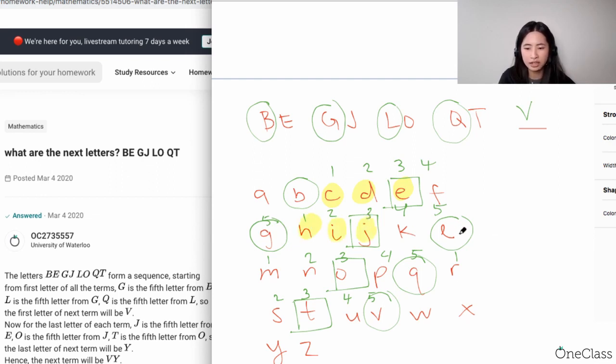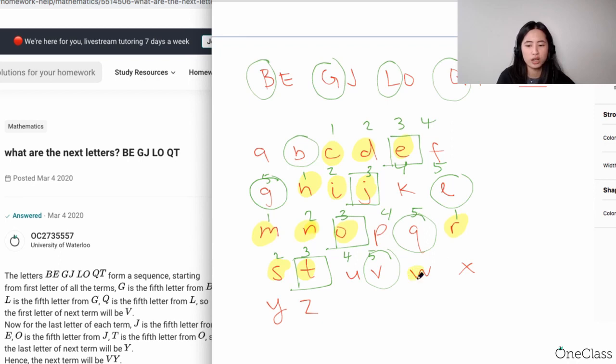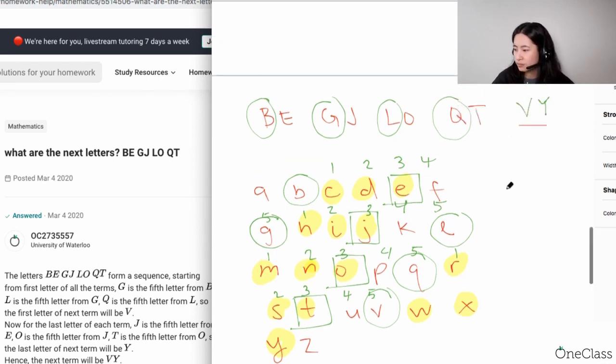After L, it's the third letter, 1, 2, and 3, which is O. And after Q, you count 1, 2, 3, and you see that it's T. So you've probably guessed the pattern. After V, you count 3 more, 1, 2, and 3. That's why you know this should be Y. So it's VY. Let's see what they said.